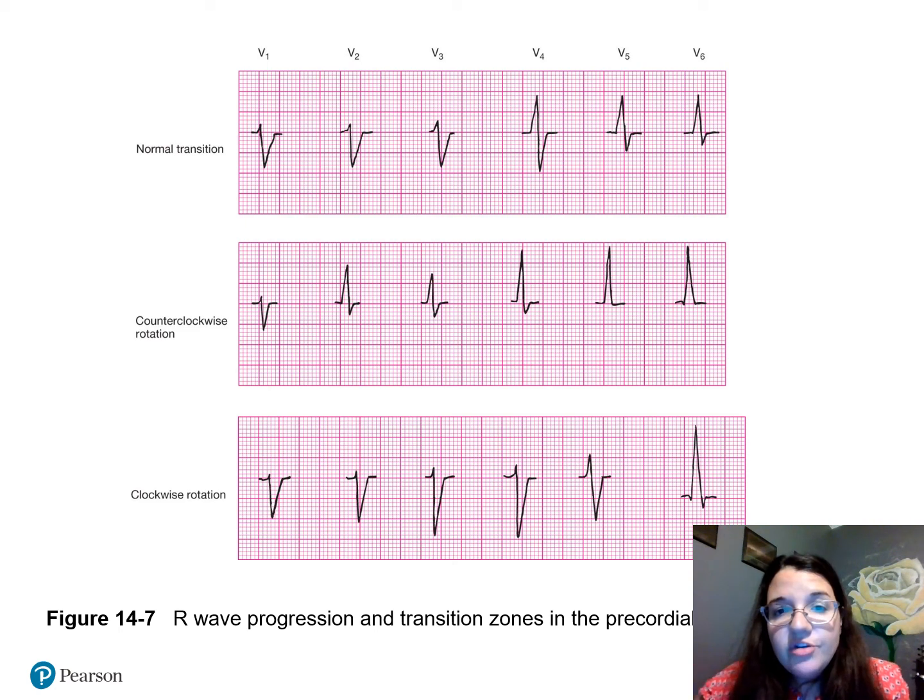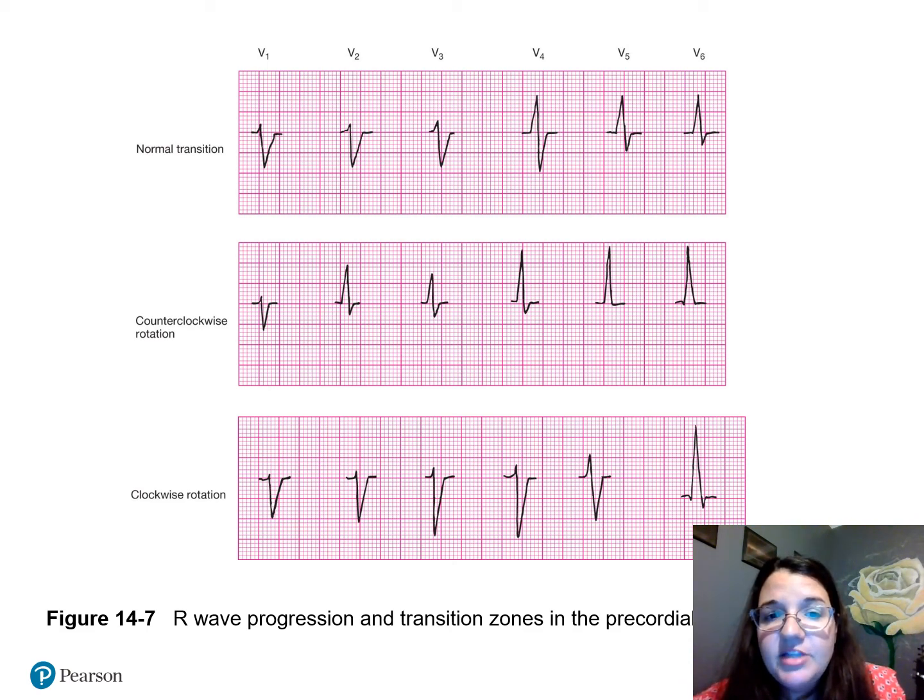So this is showing you your R wave transition. The first one, we have our normal transition. We should start off negative in V1 and end up positive in V6. We see that we become isoelectric in V4 and positive in V5 and V6. The second one shows the counterclockwise.